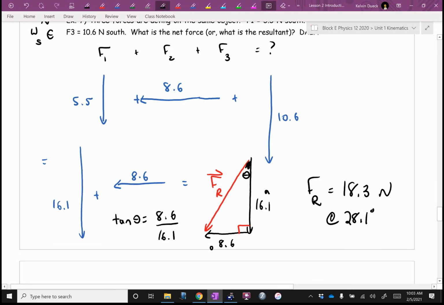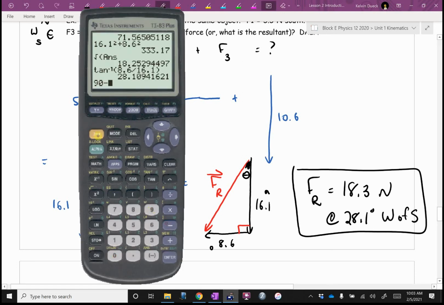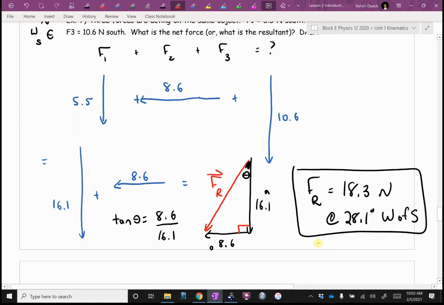North of south, east of west, what of what? I got 18.3 newtons at 28.1 degrees west of south.